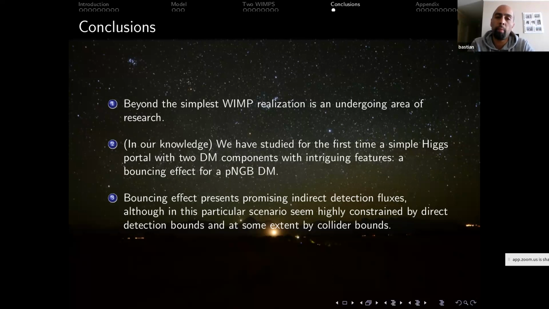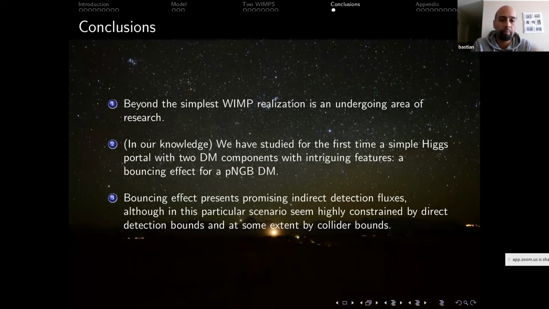However, the model itself becomes highly constrained by direct detection, by this spin-independent cross section. However, it's also possible to look at this bouncing region in which you can still have sizable signals for indirect detection.